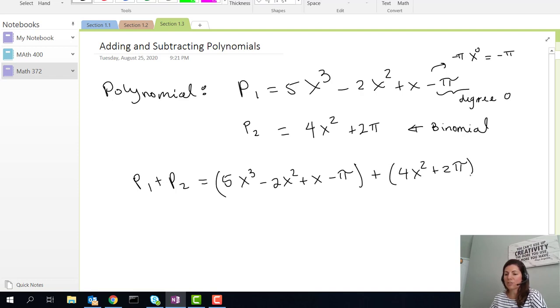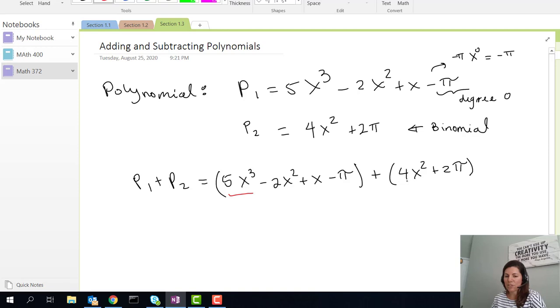So when we add two polynomials, we're essentially looking for what we call like terms. And a like term is essentially determined by the variable and their exponent. So if, for example, I want to look at x cubed. So this is a term, so it has a third degree.